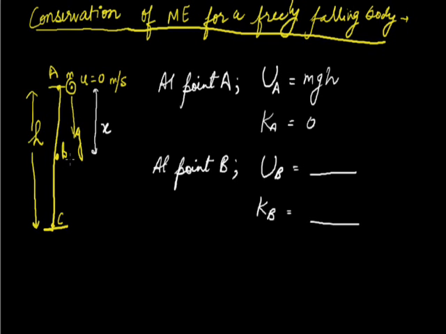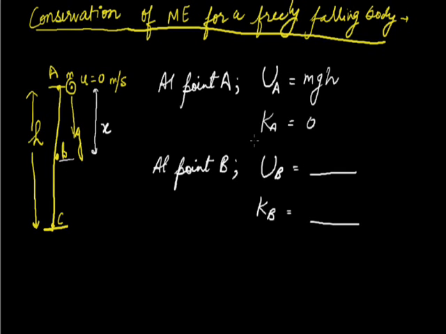And because it is falling, it started its journey from initial velocity 0, but it is acting under positive acceleration, so its velocity should increase. So at point B, the object has a height as well as velocity. So the energy should be in the combined form of potential as well as kinetic energy.